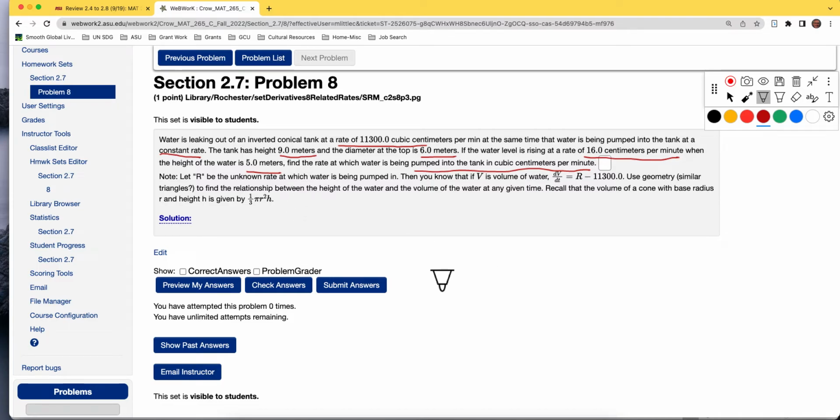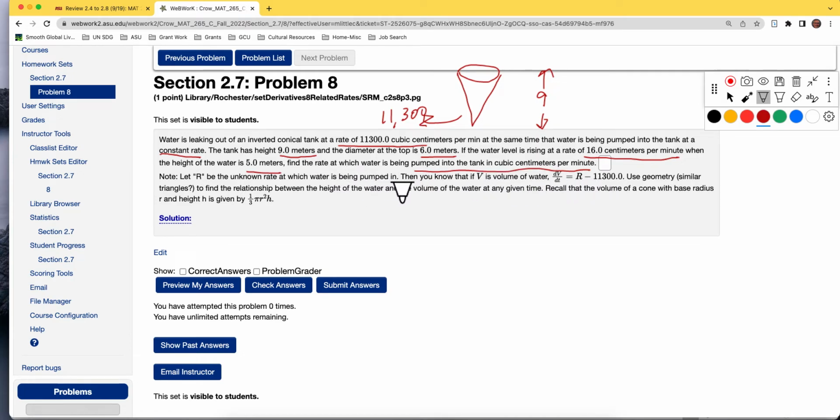So one thing, we've got a conical tank. See my drawing skills. Something like this. We know it's 9 meters from top to bottom. We're leaking out water, so I'll do that from the bottom. 11,300 cubic centimeters.